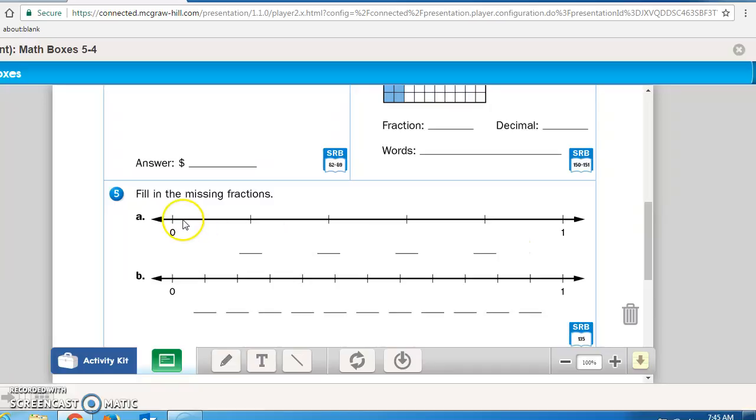Don't forget, you can count the sections. From 0 to the first one is 1, then 2, then 3, then 4, and then 5. Now you know that 5 is your denominator because that's how many sections that number line is cut into. Pause the recording now and finish this page.